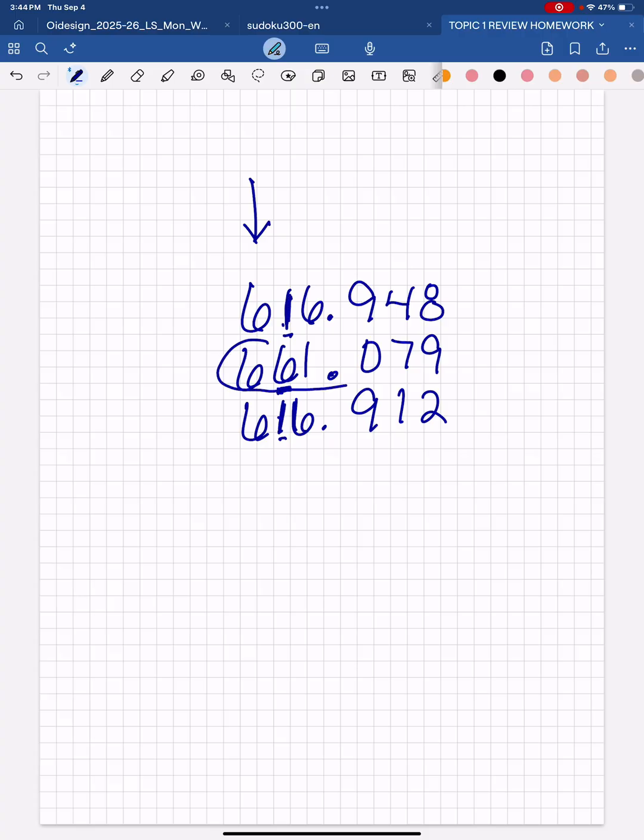So that means this one is going to be the greatest, because the 6 is greater than both of these ones. So we know this one is the greatest. So out of this one and this one, one of those is the least. And that's the one you will list first.